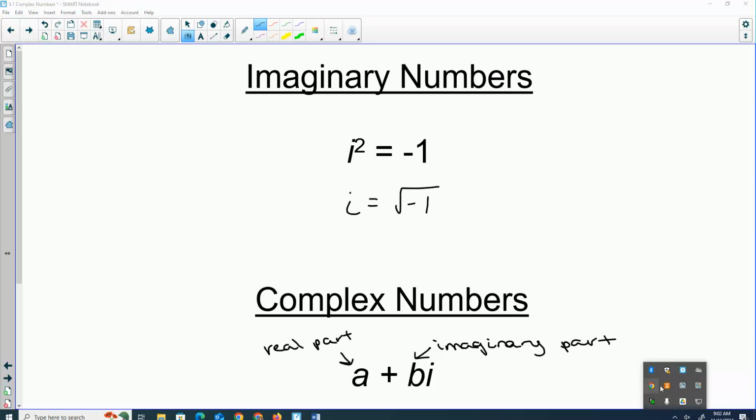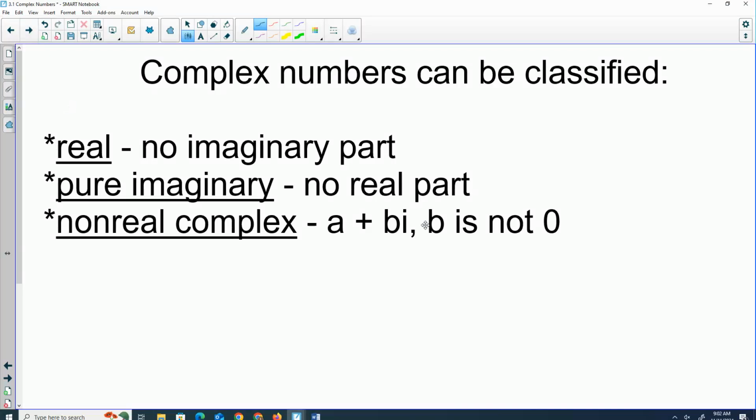Now, a complex number is a plus bi, but it doesn't technically have to have both parts. So if it's a real number, it doesn't have an imaginary part. It's just the a part. If it's pure imaginary, there's no real part, so you only have the i term. And non-real complex has both terms in it.